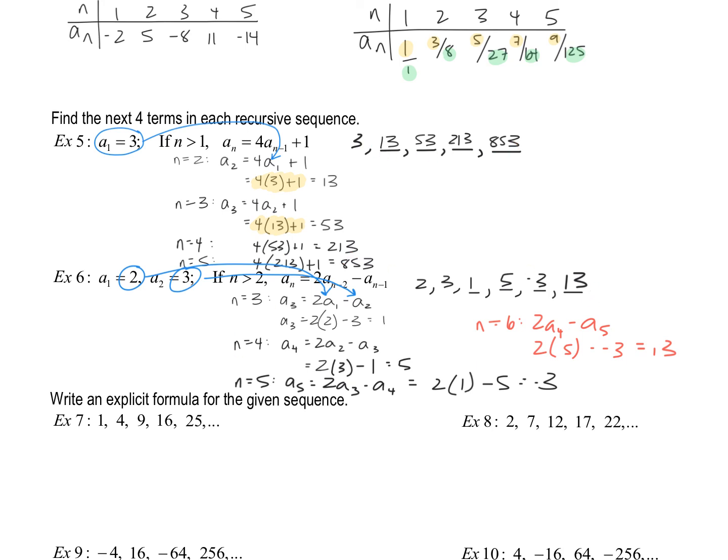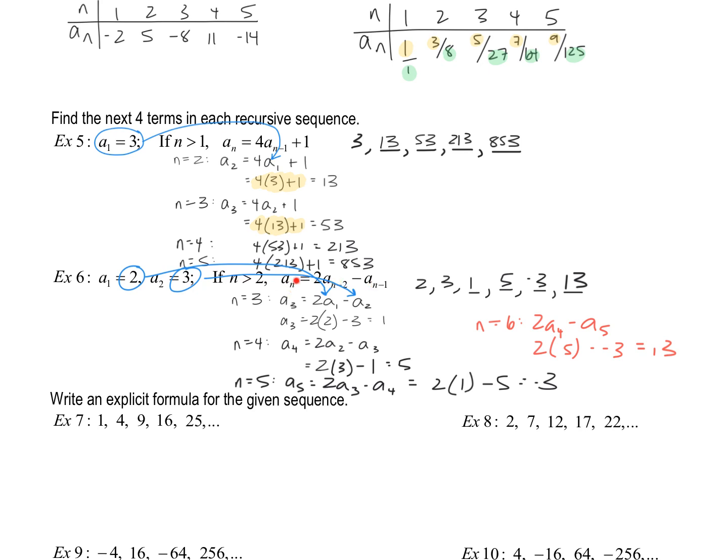This one was a little bit harder because it was using the previous 2 terms. Again, they gave me my first term and my second term, so start off by writing your sequence with 2 and 3. I need to find the next 4 terms, so I put 4 blanks there. They told me to start with n greater than 2, which means I'm starting with 3 here. And the easiest, simplest way to get started is just to plug in 3 here and here and here.